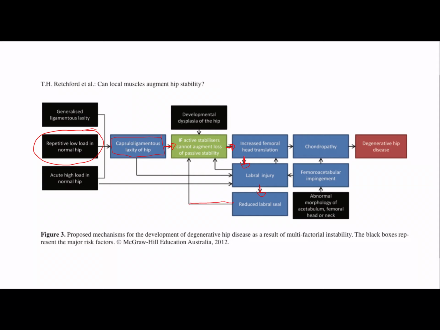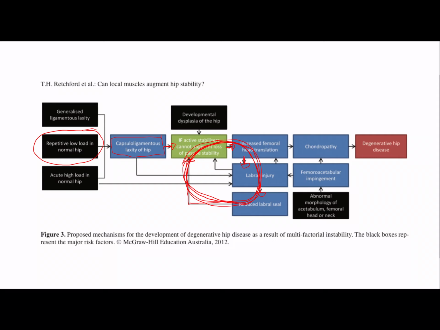And then we get back into this cycle of, without the active stabilizers, so the muscles, without them taking over for the lack of stability from the passive stabilizers, we get into this cycle of labrum damage that we talked about last time.